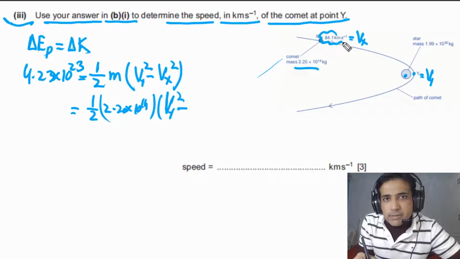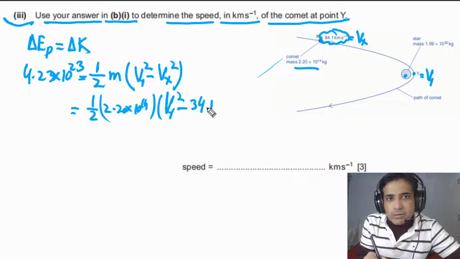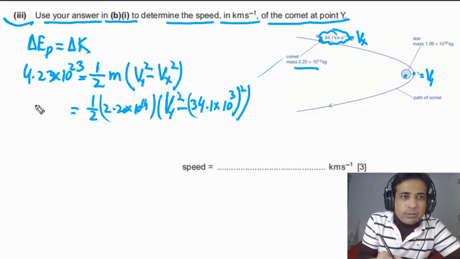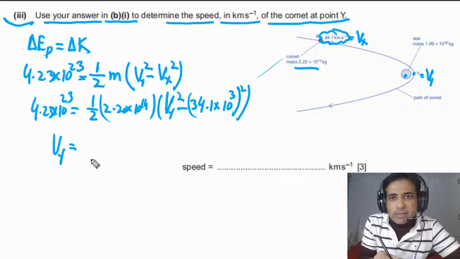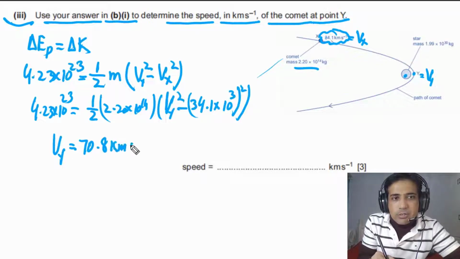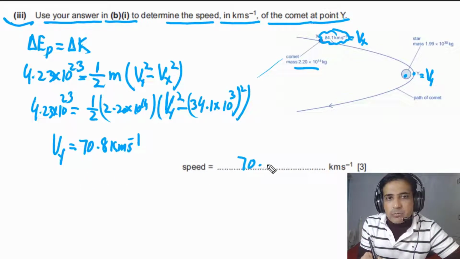Vx is given to us here, but we have to use meters first of all, so we multiply this with 1000 and square it. Now we can solve this for the value of Vy. Our final answer has to be equal to 70.8 kilometers per second up to 3 SF. So this is our final answer.